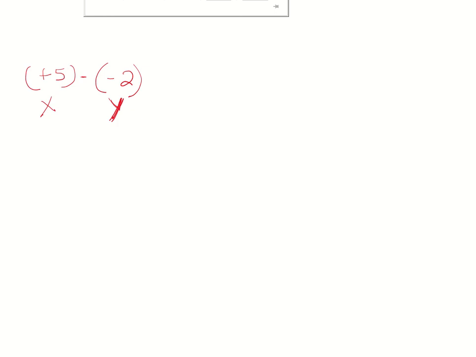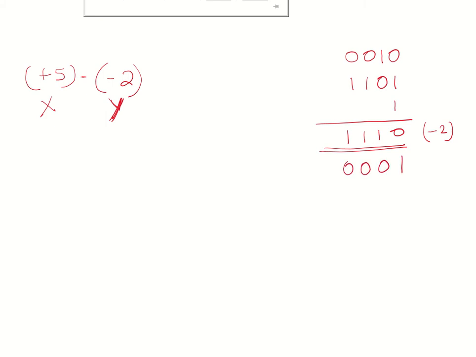Minus 2 will be stored in the machine as the 2's complement of 2. So 0 0 1 0, take the 1's complement 1 1 0 1, add a 1 to it. So this is minus 2, and this is how minus 2 has been stored in the machine. Now I have to take the 2's complement of minus 2. If you take this, you will get plus 2 back. This is what we had said also, that the 2's complement of minus 2 would give me a 2.